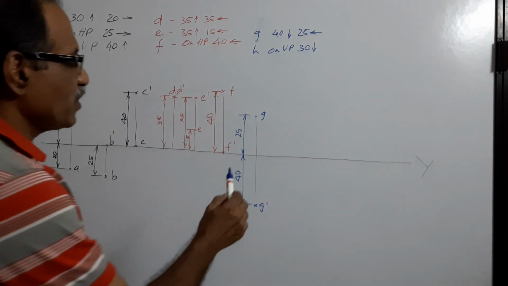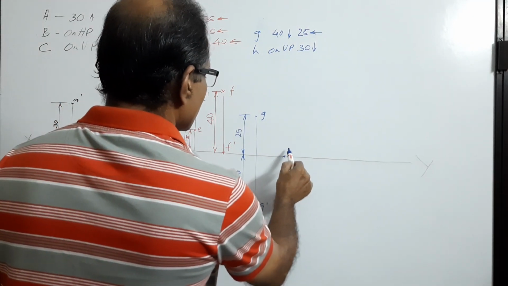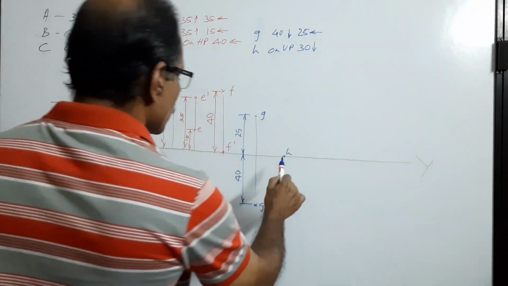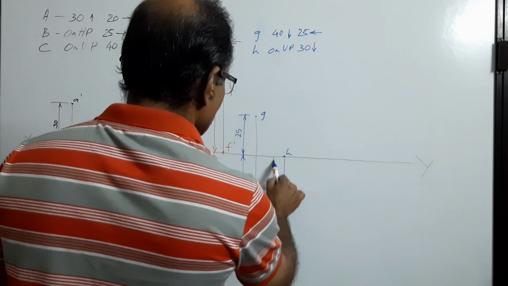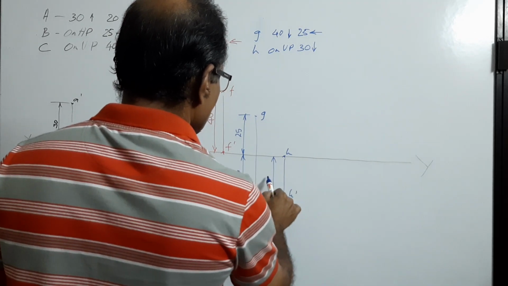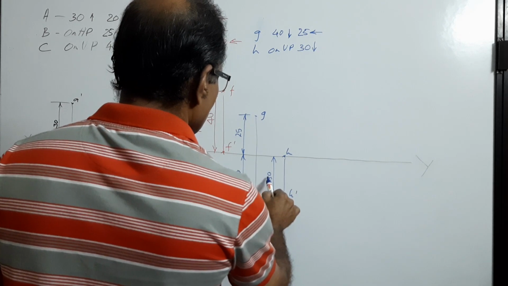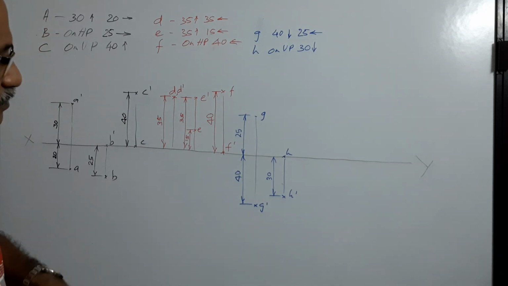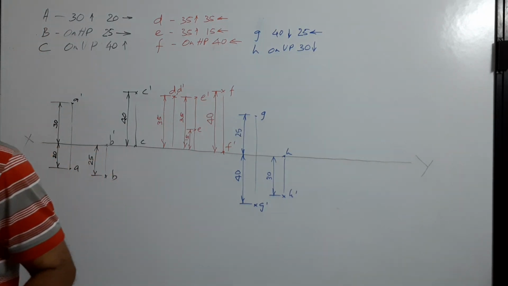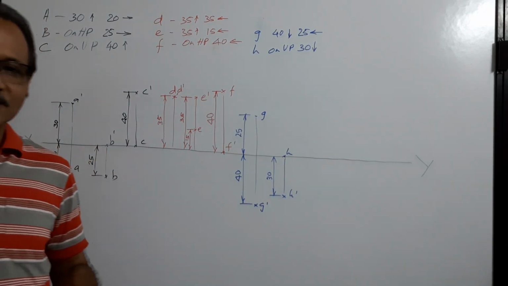Point H, on VP means plan is on XY line. H, 30 mm below. H dash. Then what? Now we take 3 more points.